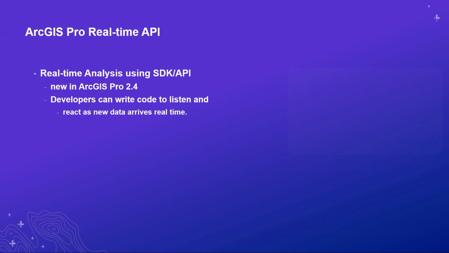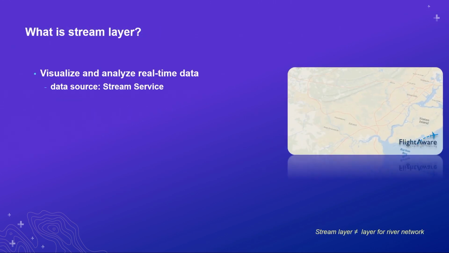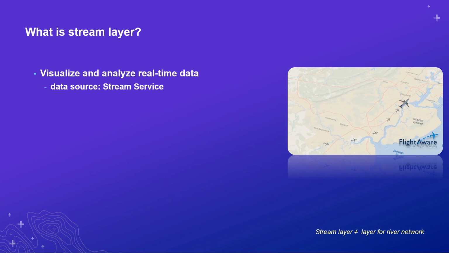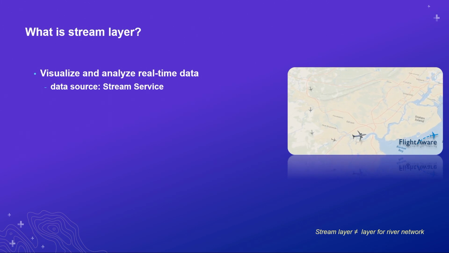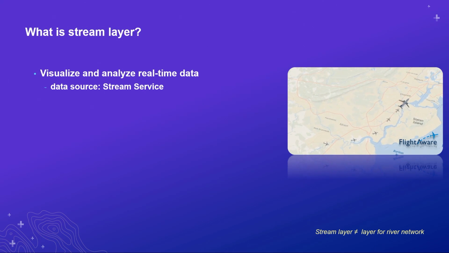So what is a StreamLayer? StreamLayer is all about visualizing and analyzing real-time data, basically live data coming in. As you know, all the layers in ArcGIS have some kind of source. For example, a FeatureLayer has a source, and it could be a shapefile, or a feature class from a file geodatabase, or a layer of a map or feature service.